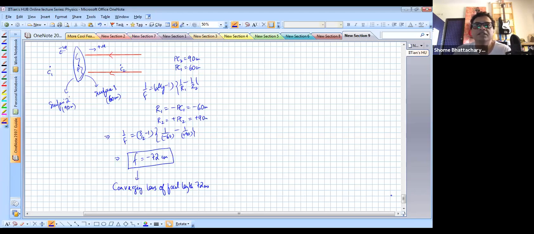The second surface is creating refraction from glass to air. And finally, in air, whatever second image that you get is your final image. So its position should become the focal length. If you're taking, for example, this diagram, you should get the position of the second image at 72 centimeters to the left of the second surface.